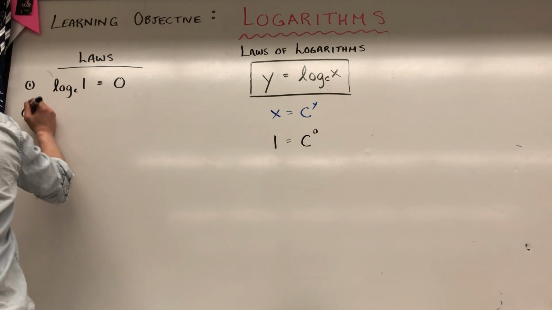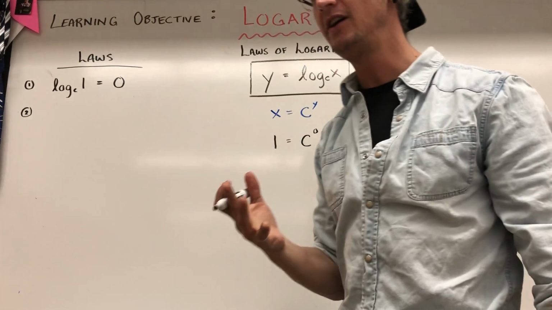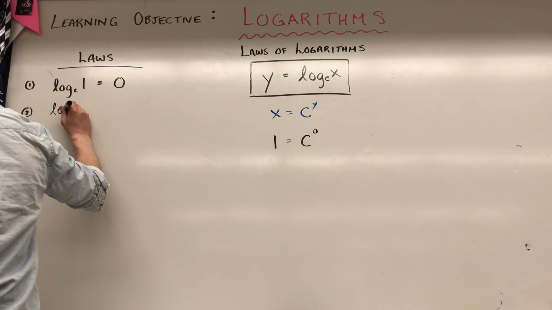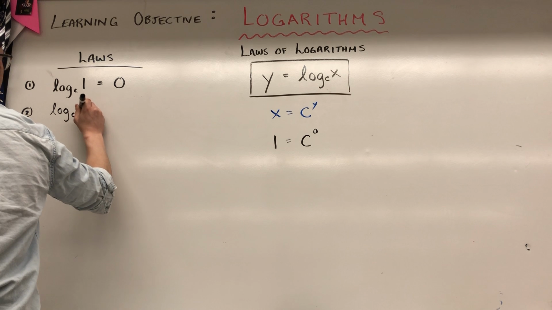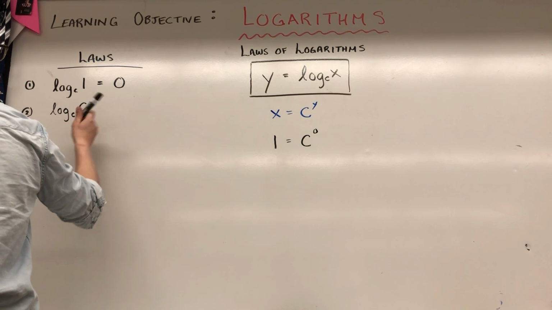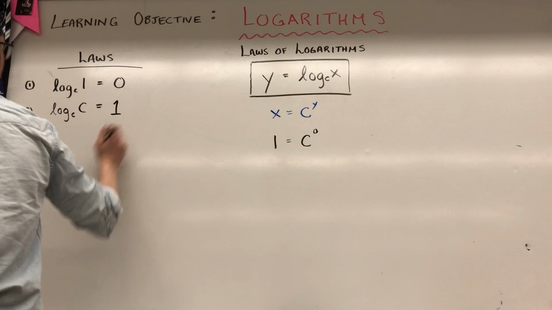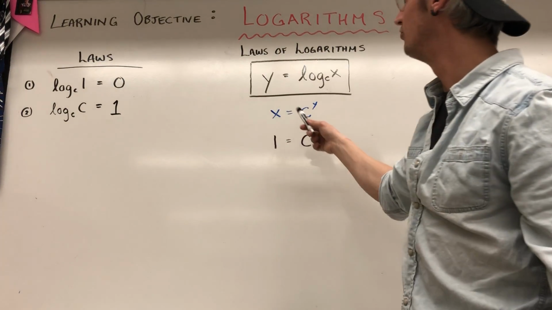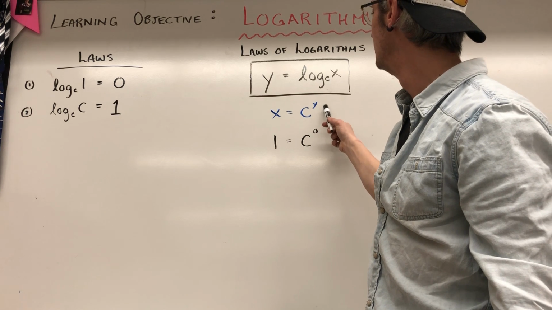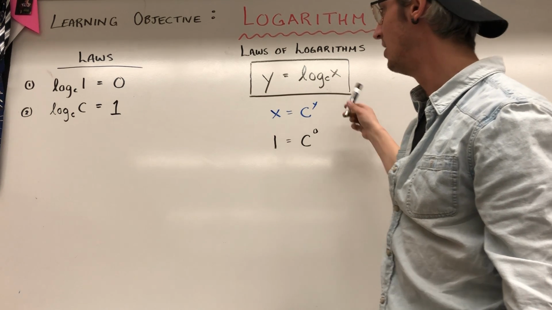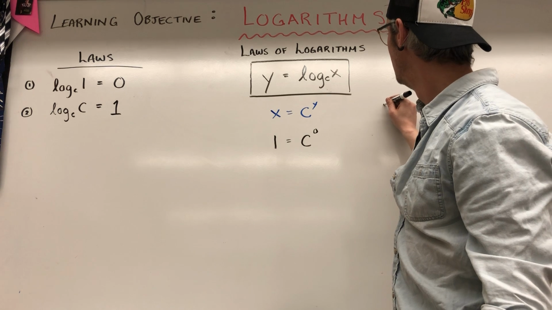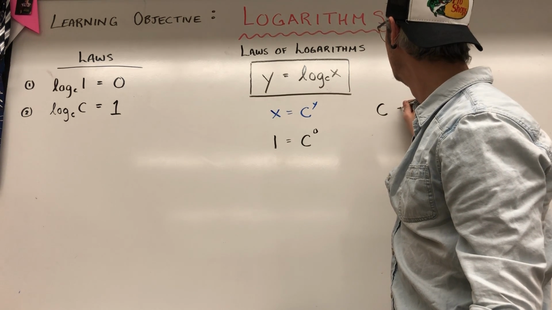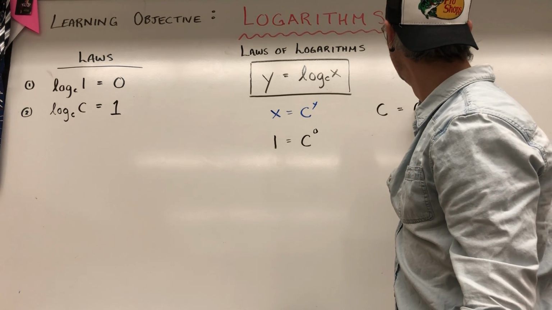The other super basic law that's going to help us clean up a lot is knowing that the log, when my base and my x are the same, is always going to be equal to 1. If we were converting from our log format to our inverse format, I could write that c is equal to c to the 1.